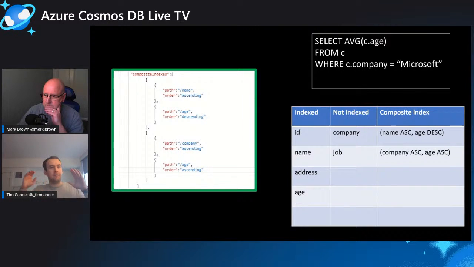I'd say far and away, the most common high cardinality property in Cosmos DB is timestamp. This is used so frequently in IoT workloads. This is used really frequently in workloads where maybe you're looking at the time data was written or updated, right? And you're sorting by timestamp. If you can imagine Teams, Teams uses Cosmos DB.